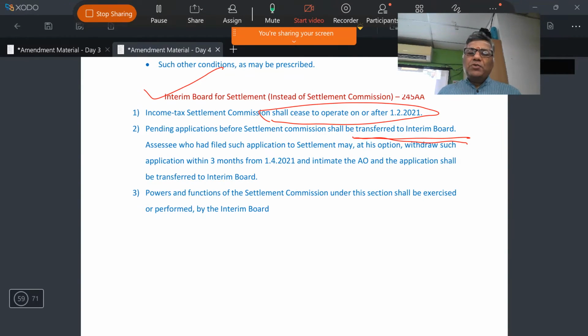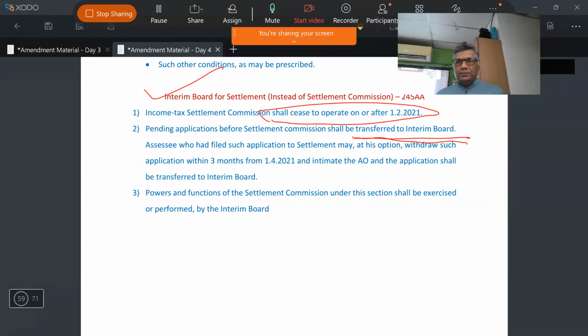An assessee who has filed such an application may at his option withdraw within 3 months and intimate the AO that he has withdrawn. Power and function of the settlement commission under this section shall be exercised or performed by the interim board. That is what is popularly known as a transition provision. Since an old provision gets scrapped, it gets into a transition provision.